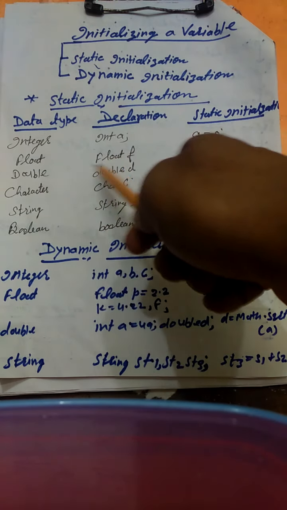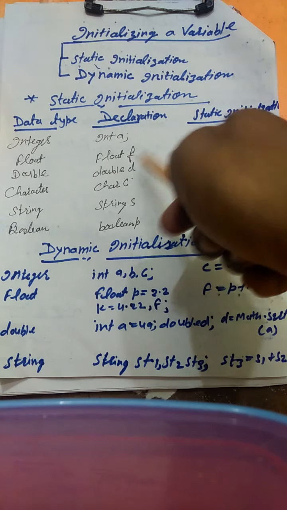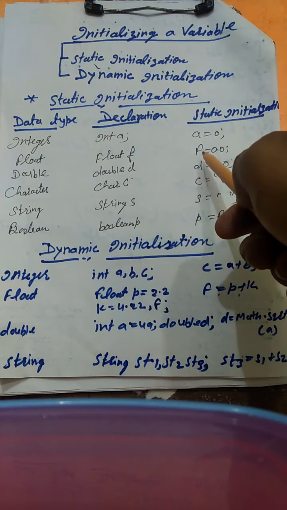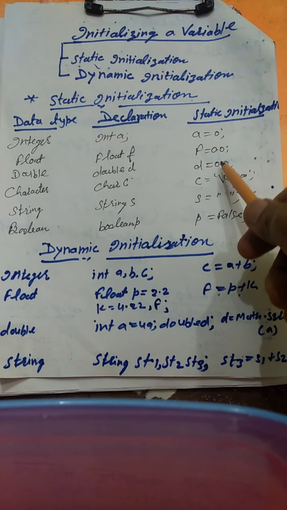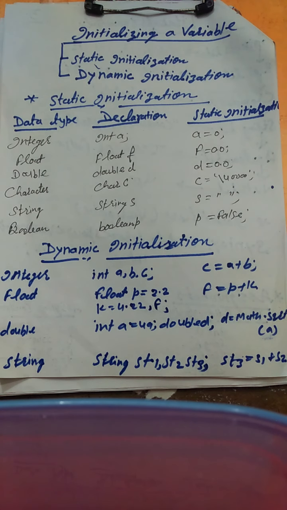and float f, any variable you can take, and the initialized value will be f is equal to 0.0, meaning after the decimal there will be only one digit, not more than 2 digits. Double, d is equal to 0.0, more than 2 digits we can use after the decimal.